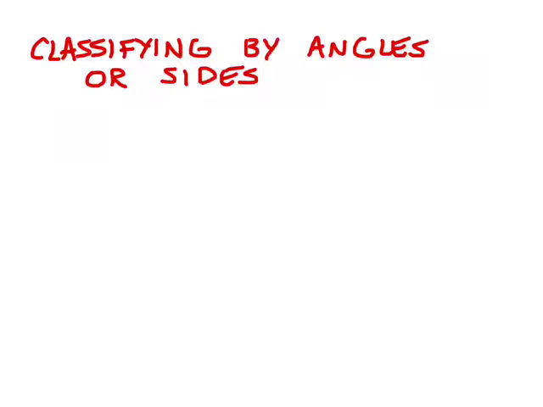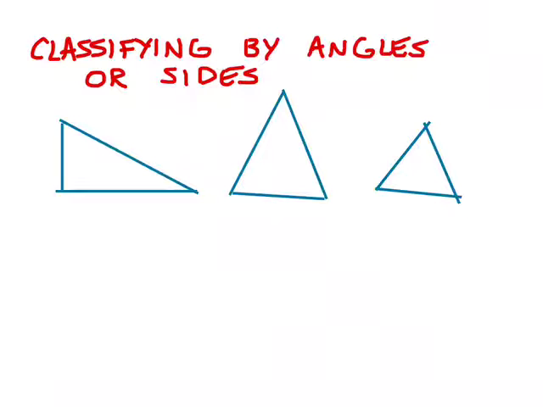The other way to classify triangles is by how many angles or sides are the same. And just like by largest angle, there are three different classifications you can end up with. For example, in this first triangle on the left, which appears to be a right triangle, it looks like this is the smallest side.